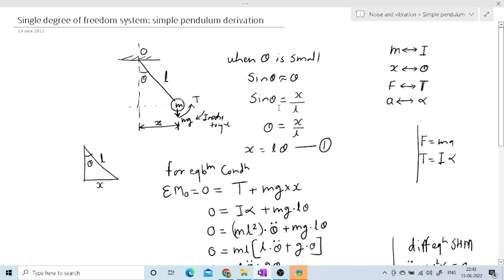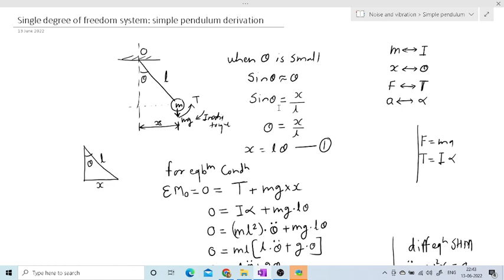Now for the equilibrium condition, we can write the equation of moment, that is mg into x is equal to the inertia torque, and the inertia torque and mg are in the same direction, that is clockwise. So I have written plus: torque plus mg into x. But torque is nothing but the accelerating torque. As we write F is equal to ma, similarly we can write torque is equal to I alpha, and we have replaced the value of x with L theta.